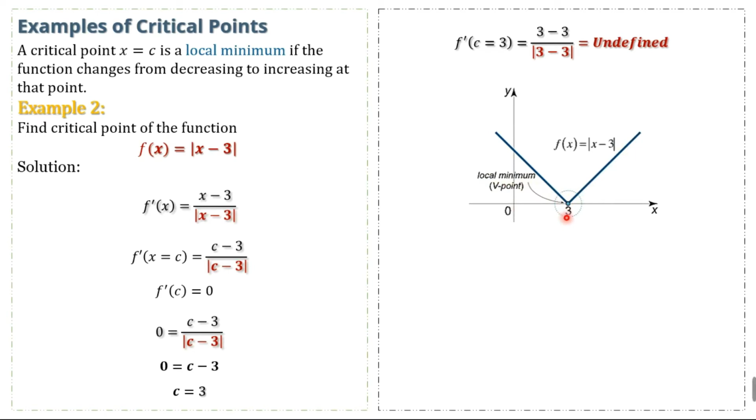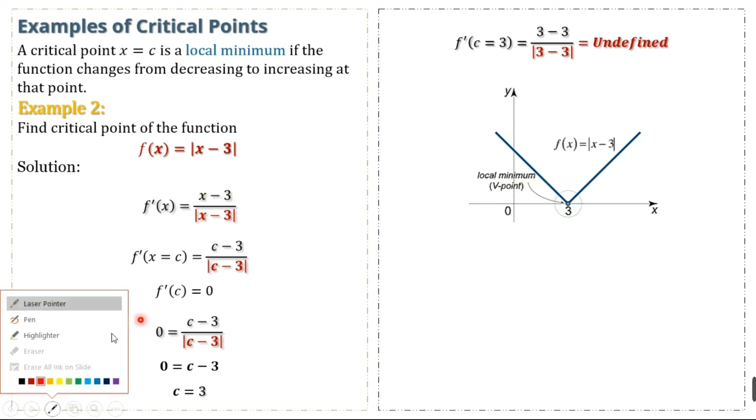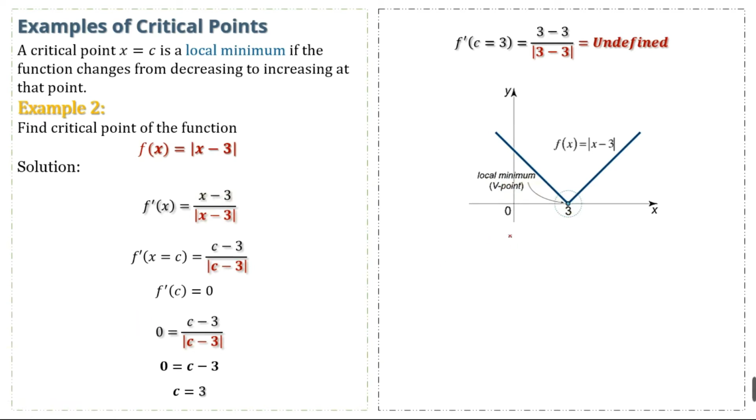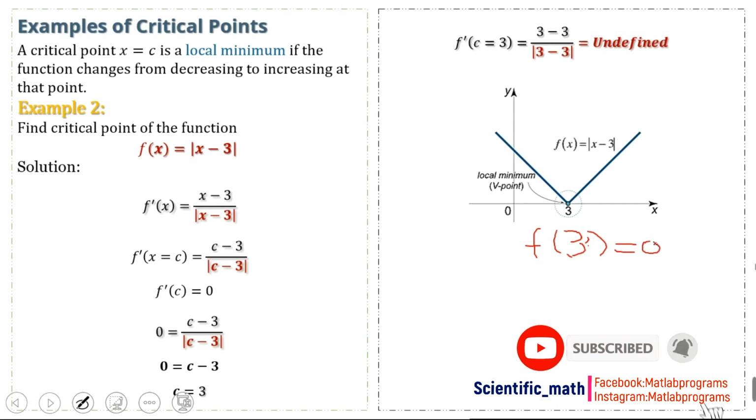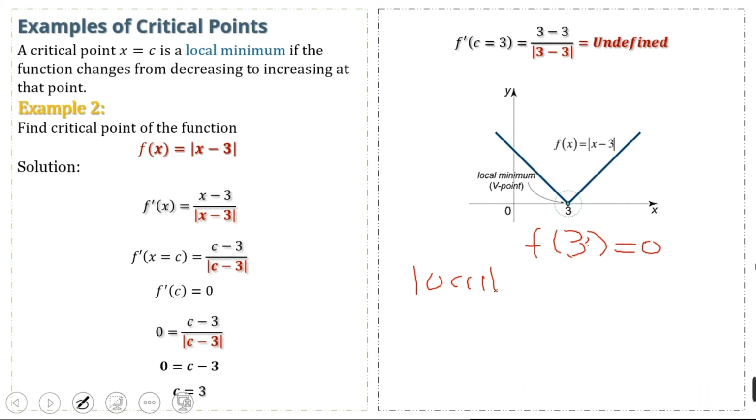At critical point c = 3, we can find the local minimum point by substituting c = 3 in the given function. When we substitute this value in the function, we get f(3) = 0. So we have a local minimum point, that is (3, 0).